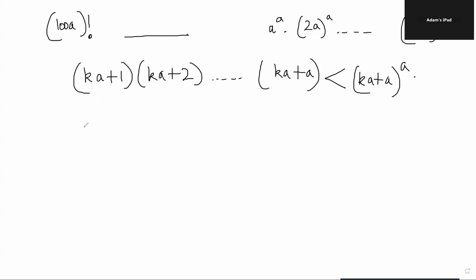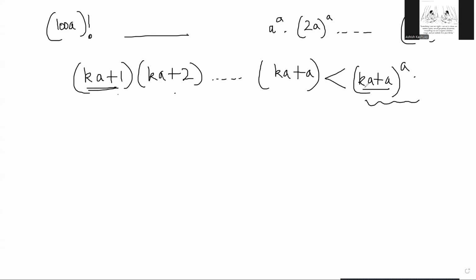Because each term is smaller than ka plus a, right? So I am replacing all of the terms with ka plus a on the right side, right? The reason I'm thinking of this is because I'm getting 2a, 3a, 4a like this here.